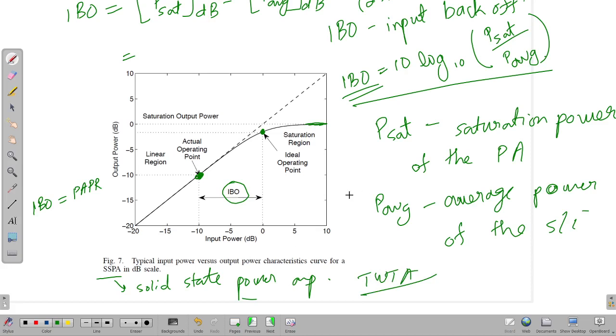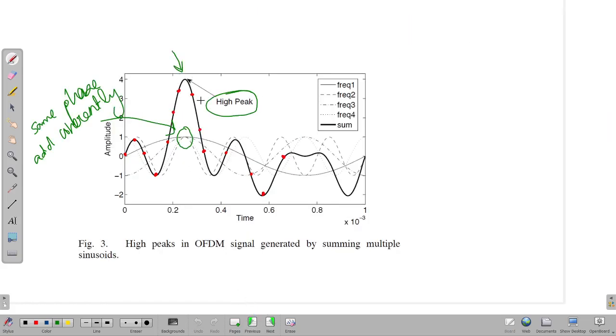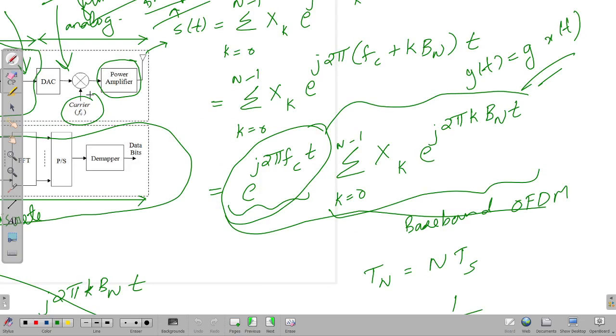This diagram is good enough to understand the idea of PAPR. If you have high peaks like this, we need to reduce them. Otherwise, this will lead to the non-linear operation of the power amplifier.